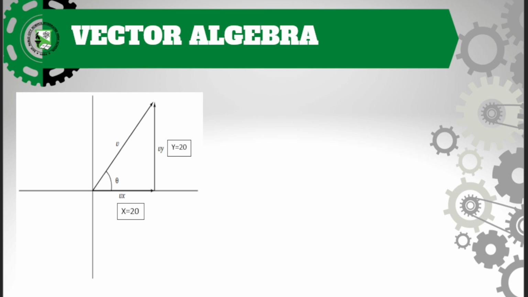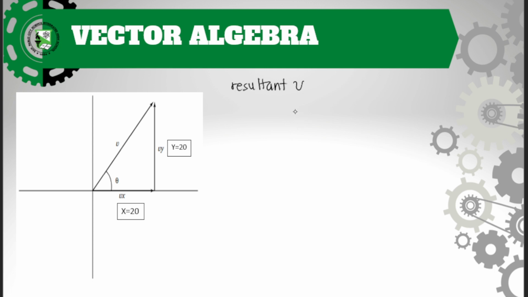Okay, last example. We have here our components plotted on the Cartesian plane. So we have x component which is equals to 20 units and then y component which is equals to 20 units. We have to find resultant vector v and theta. Okay? So, gagamit tayo dito since resultant yung hinahanap natin.